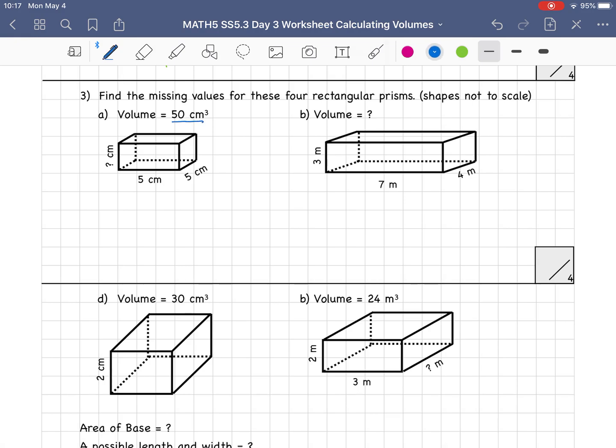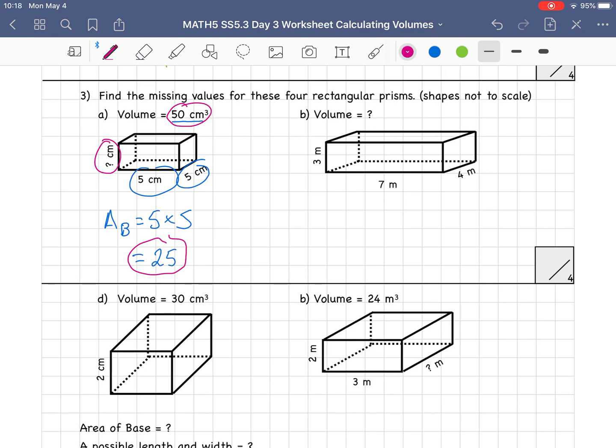All right, question number 3. Find the missing values for these four rectangular prisms. So in this one, we know the volume. We know the base. We're asked to find the height. All right, so the area of the base is equal to 5 times 5, which is equal to 25.